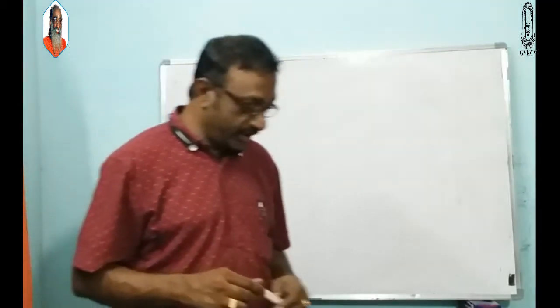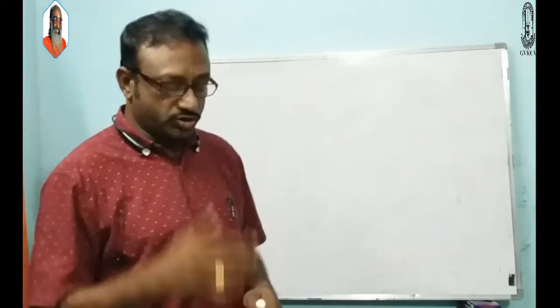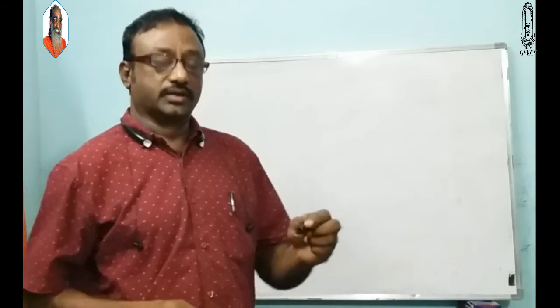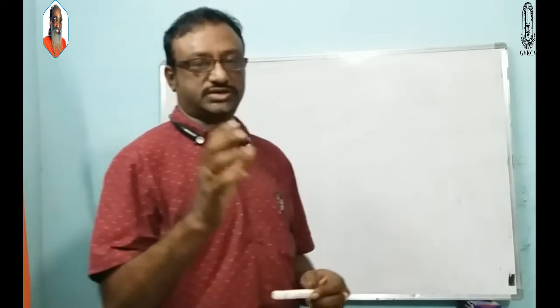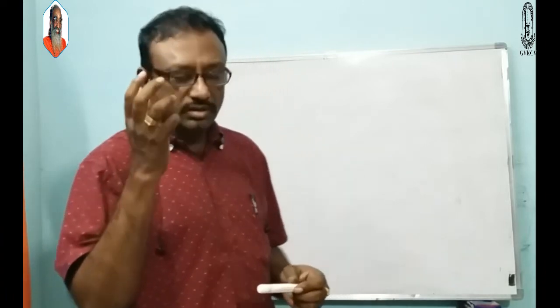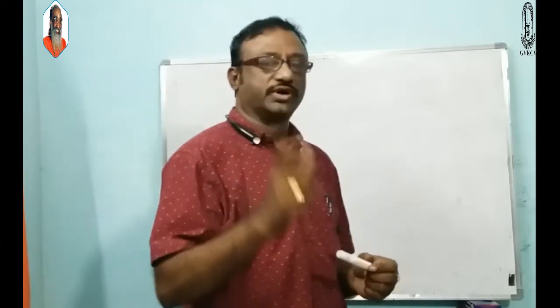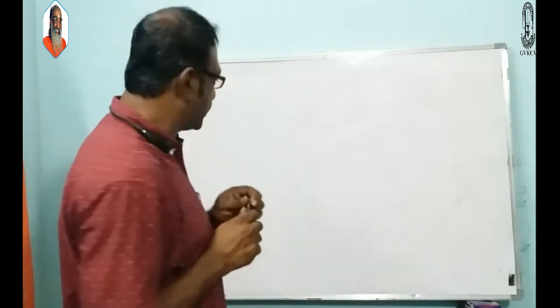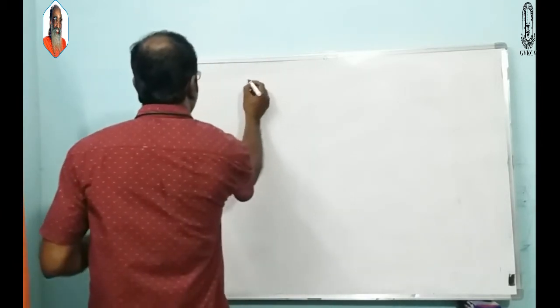Okay, we are still in the second module of current electricity. In the earlier session we just talked about a physical quantity, an electrical physical quantity, that is current density.